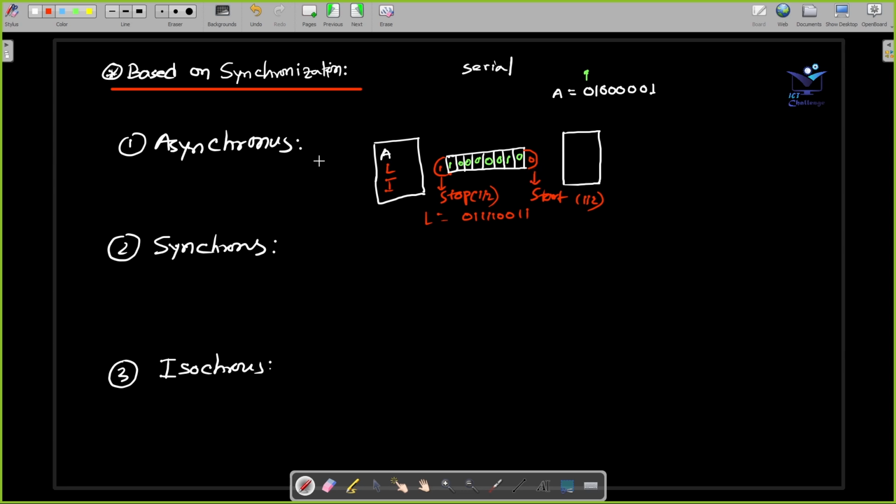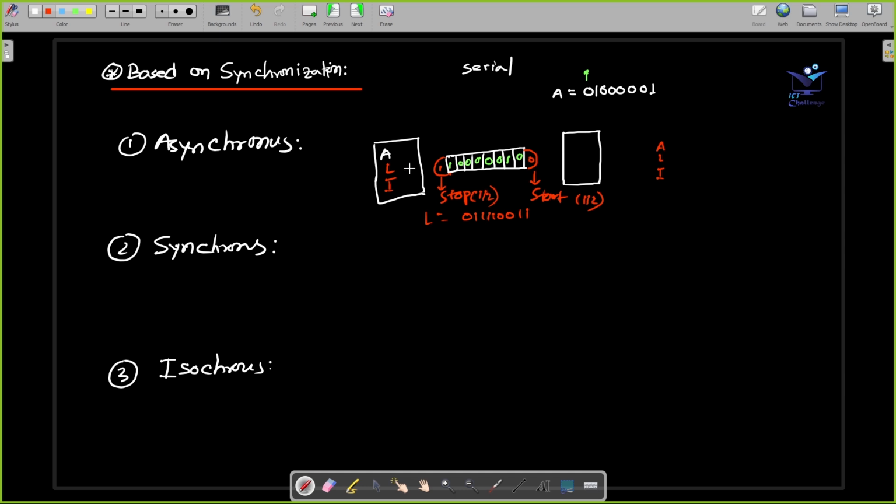Asynchronous data transmission is a kind of transmission which can transfer character by character data. The perfect example is when I write anything on our computer, we can't type multiple characters at a time. We can type one character at a time, like we can type A, after that we can type L, after that we can type I. So these kinds of transmission actually work character by character.